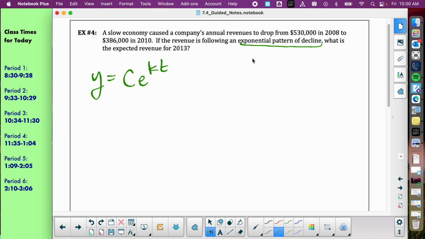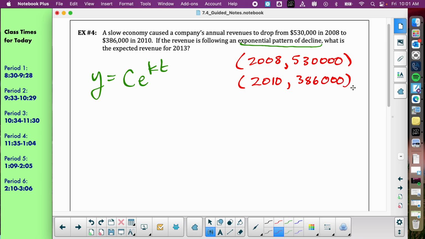530,000 is next to the year 2008. So I'm very sure some of you would write this and make the point 2008, 530,000. And there would be nothing wrong with it, except you wouldn't figure out C. And so if you did your second point as 2010, 386,000, you would essentially get two equations where C and K are both unsolved.